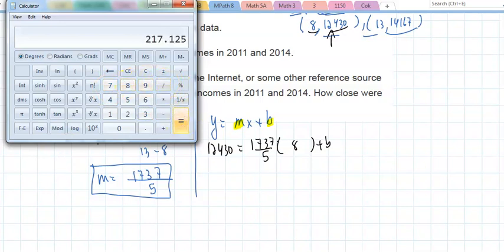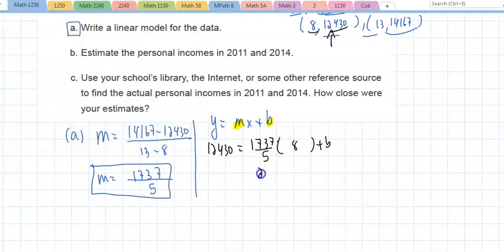Okay, I made a mistake, obviously. If I take 1737 times 8, I'm getting that value, right? And if I divide it by 5, I'm getting 2779 point, I forgot, 0.2. Again, it's okay to use a calculator.